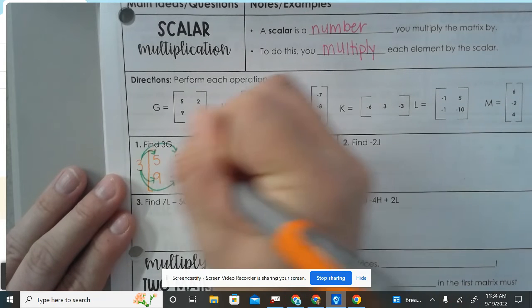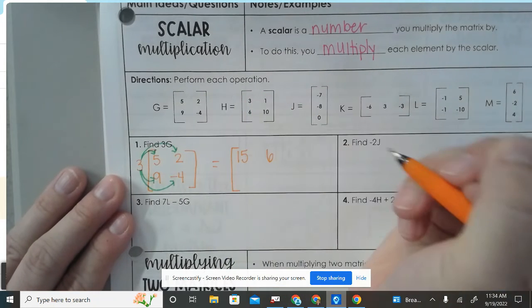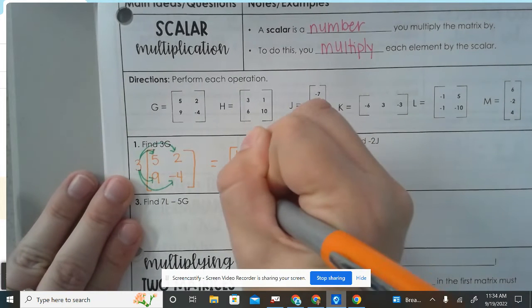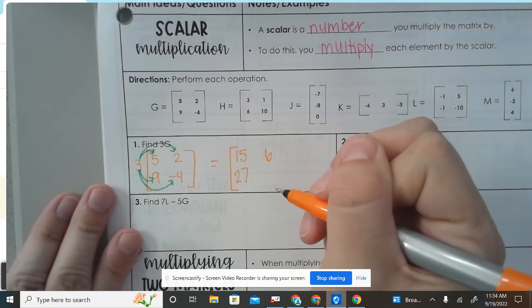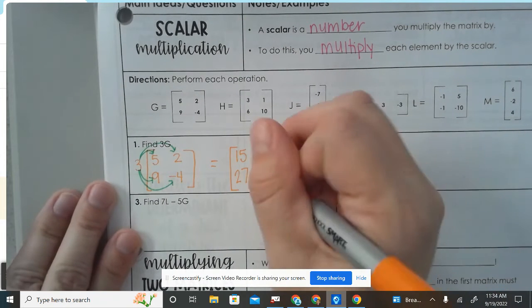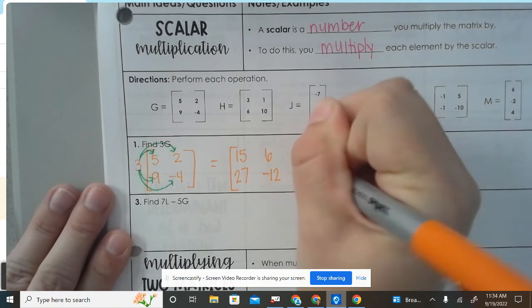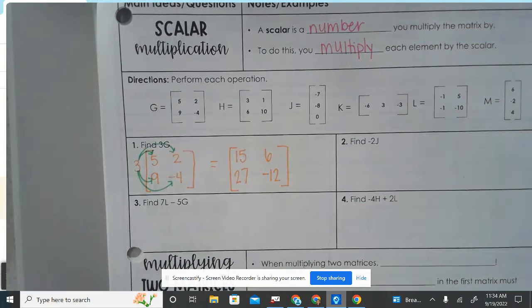So we have 15. 3 times 2 is 6. 3 times 9 is 27. And 3 times negative 4 is negative 12.